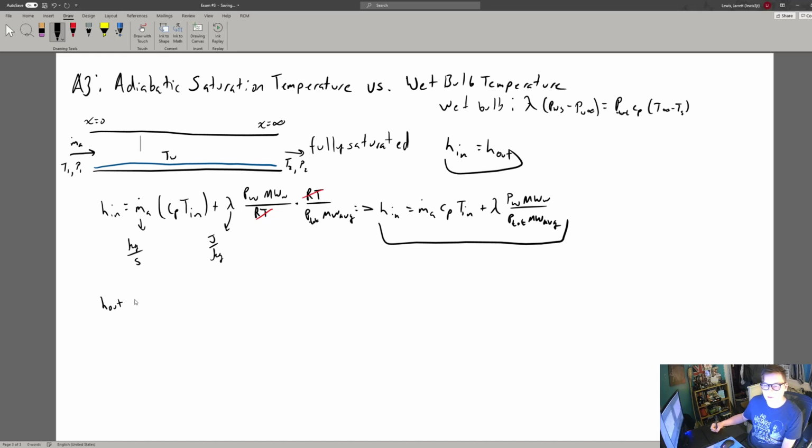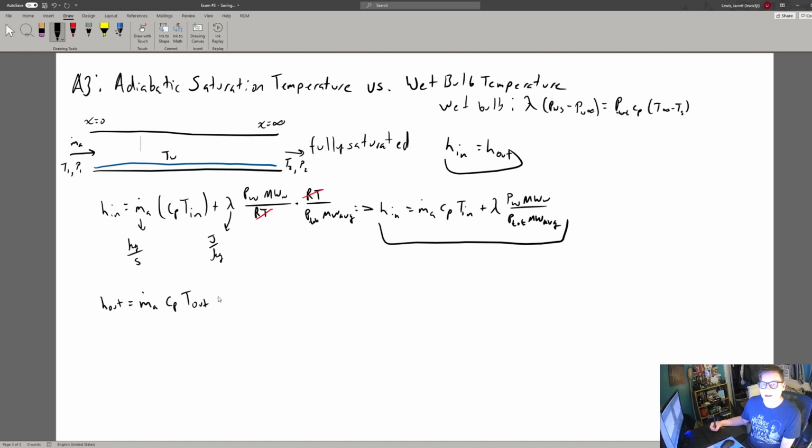So we're going to make a very similar equation. We're going to have our mass flow rate of air, that doesn't change. And we're going to multiply it again by the heat capacity times the temperature leaving the system. Because we want the enthalpy out, so temperature out. And then again, we would subtract some reference temperature, but like I said before, we don't need the reference temperature because it's an adiabatic process.